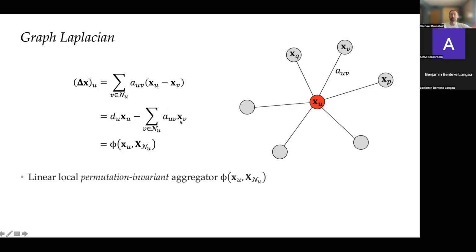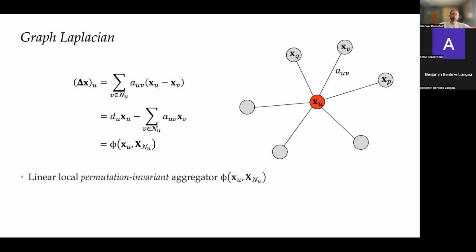And we have the sum of the neighbors. So again, this is a weighted combination. It's the feature vector of the node multiplied by the degree, minus the sum of the feature vectors of the neighbors. So we've seen this already in graph neural networks.